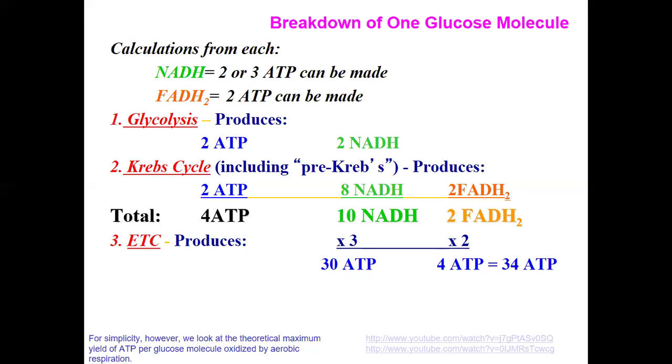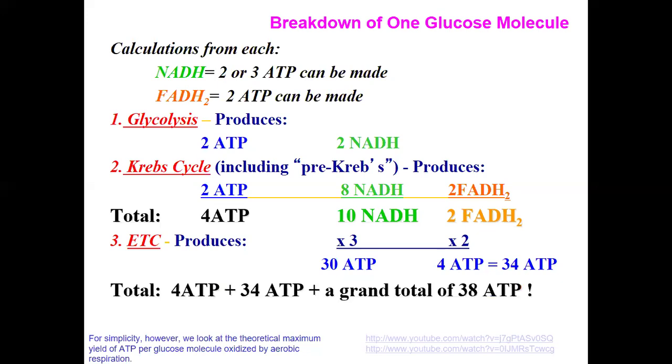So per round is going to give you 3 ATP. So you can say 3 times 10, you can get 30 ATP from the electron transport chain. The FADH2 can go 2 times, so you have 2 times 2 to give you 4 ATP. So the total will now give you 34 ATP.